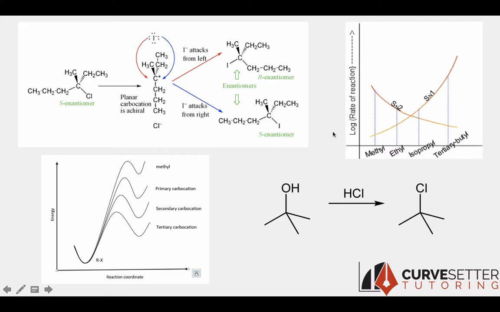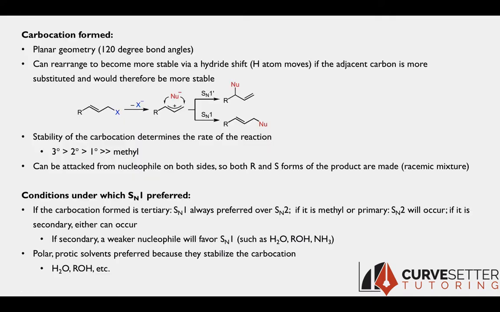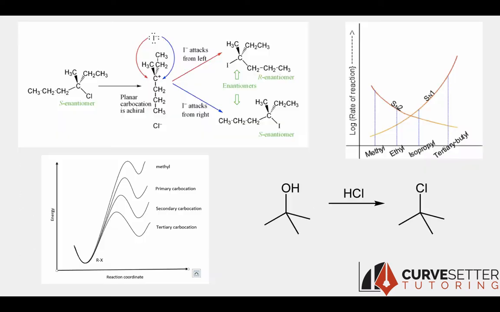Remember I said if tertiary carbocation, always SN1; if methyl or primary, always SN2; and if secondary, SN1 or SN2. This is, of course, a big simplification, but it's one that I learned for the MCAT, so I think it'll almost always hold true, and always did in my experience. This diagram shows that as you go from a methyl to a tertiary carbocation, SN1 becomes the predominant reaction because it's faster, whereas SN2 becomes less favorable.